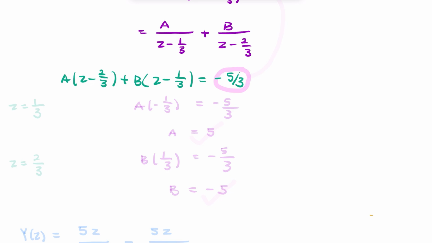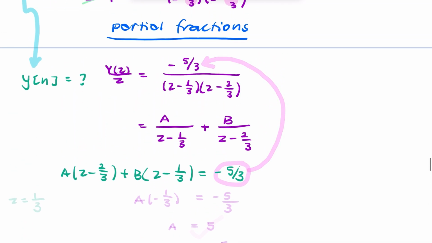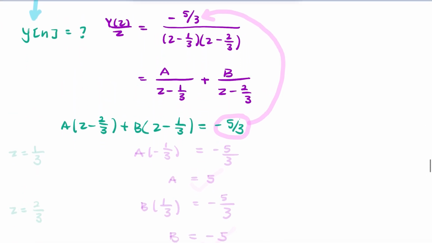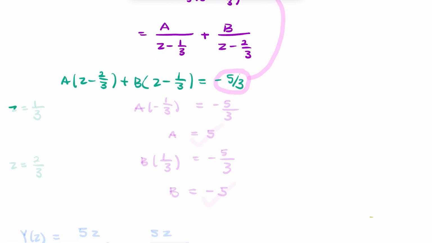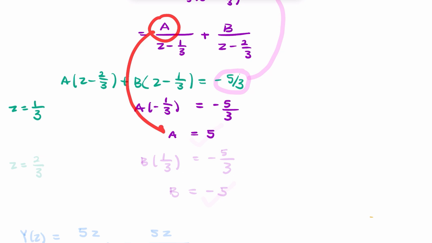So equal to the numerator here. And we can then set z equals 1 over 3. That will give me A times 3 equals negative 5 over 3. So A is equal to 5. That's good.